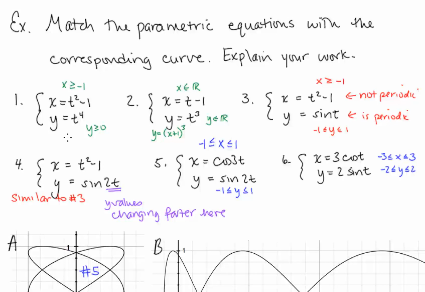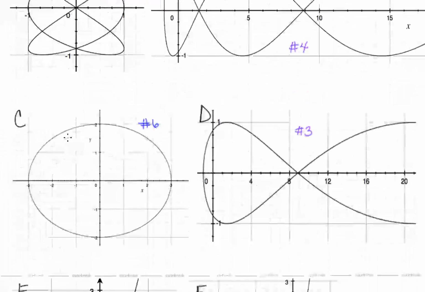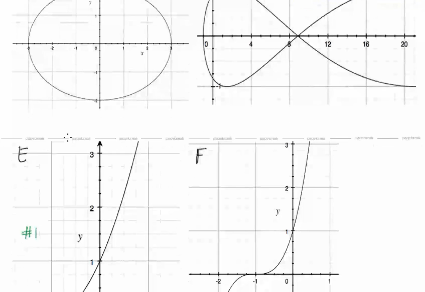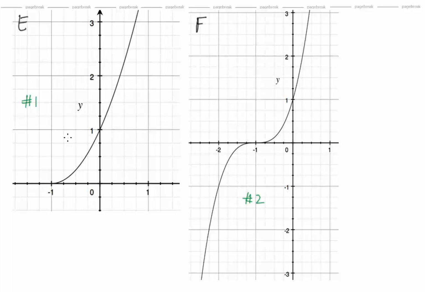Now, generally, plugging t-values in is a helpful idea, but in this set of graphs, we notice that 5 of the graphs go through the point -1, 0. So it doesn't really help us all that much for t equals 0. So then we would want to try different t-values and keep going with that, which could be a little bit of work. I think it's much more useful to talk about the periodicity and the ranges as we did above.